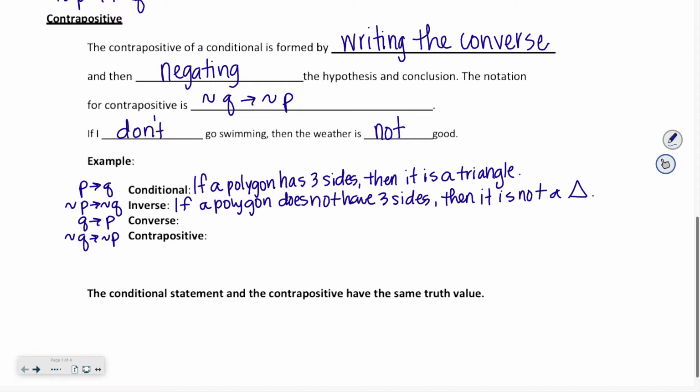All right, what's converse going to be? Okay. If it is a triangle, then the polygon has 3 sides.